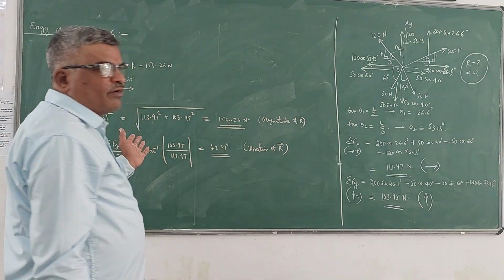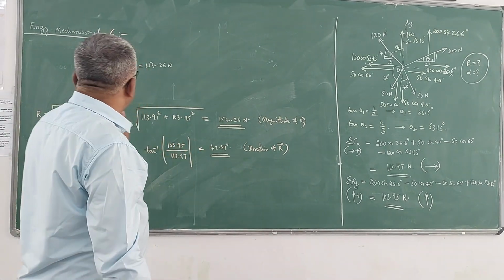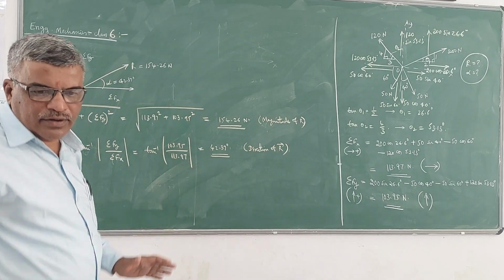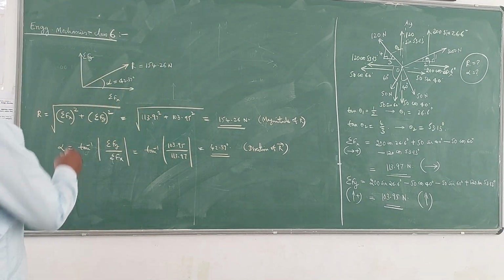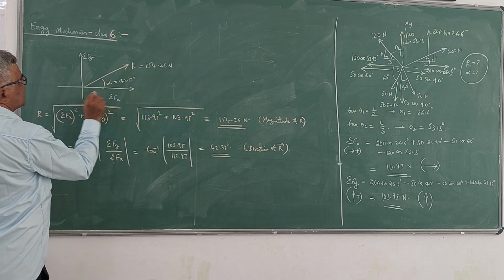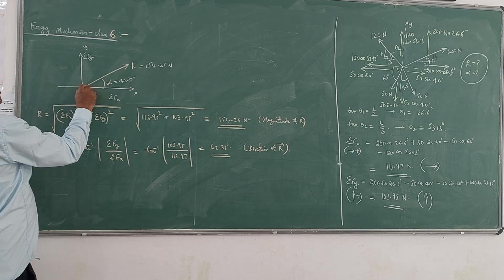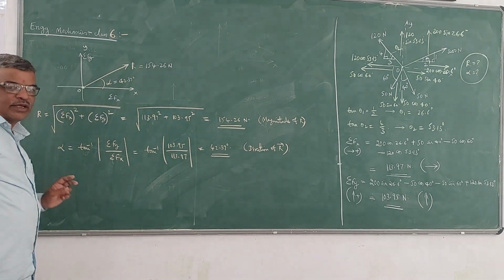Then you can find out the magnitude and direction and plot the resultant in the sketch. So if you just show like this, this becomes x-axis, y-axis, origin. So it passes through the origin. This becomes the resultant.